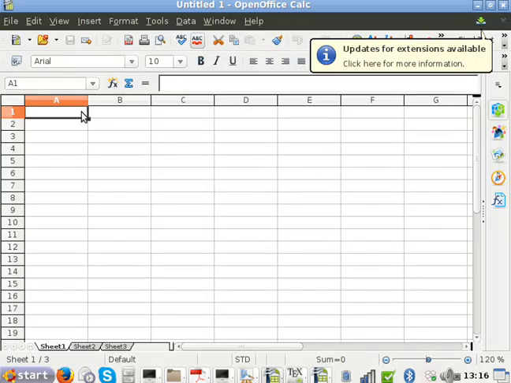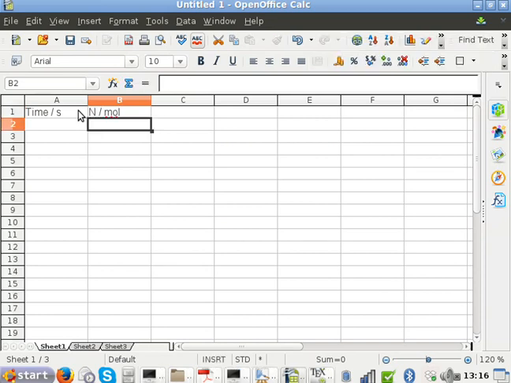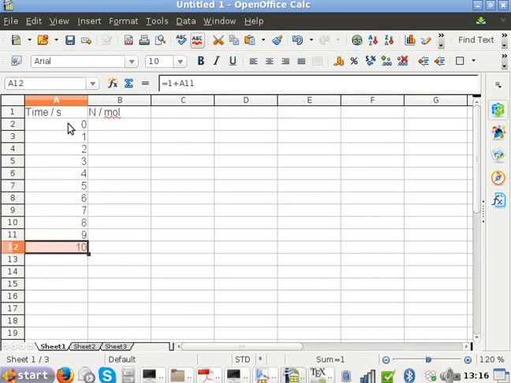Now I need you to give me the data. So in the first one here we have time, and that's in seconds. And the next one we have N, and I'm using moles here because it's so large. So I know the time goes all the way up to 10. 1, 2, 3, 4, 5, 6, 7, 8, 9, 10.